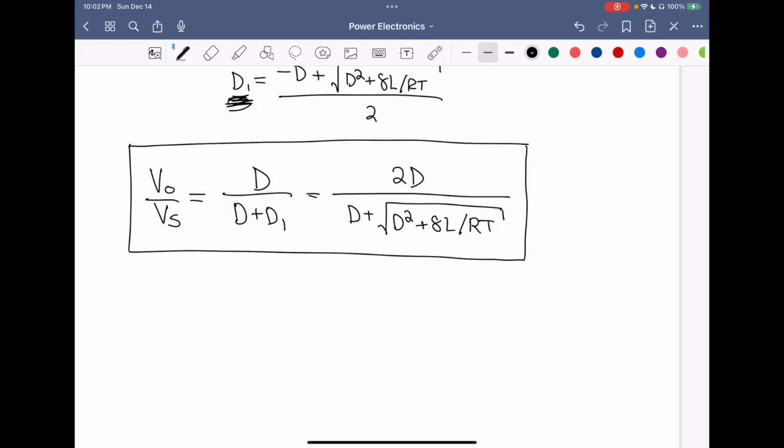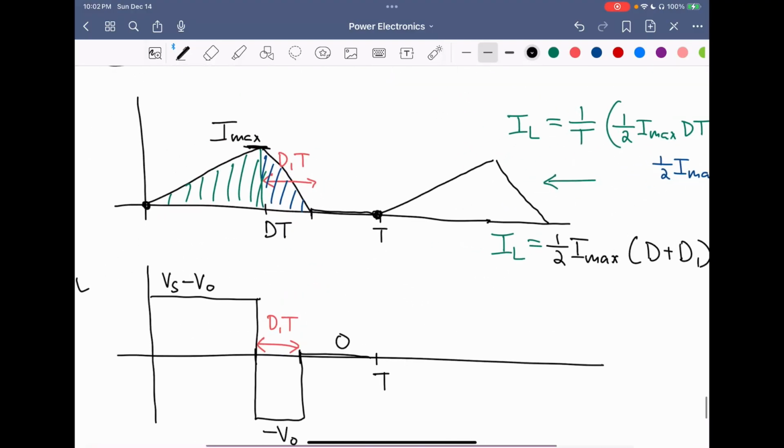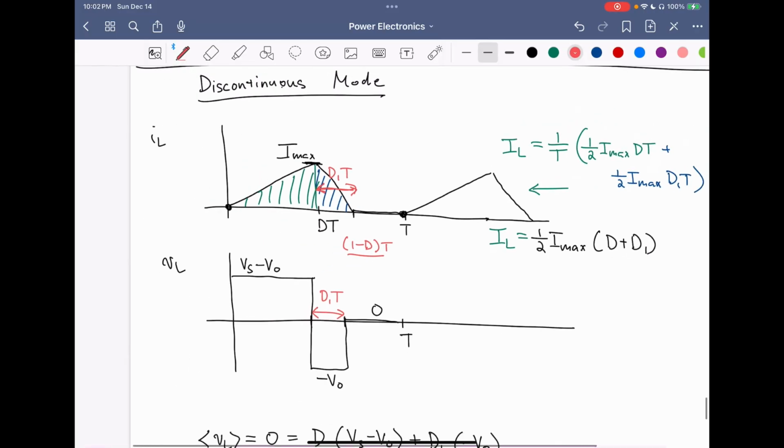One thing to note is that the boundary between continuous and discontinuous current happens for D1 equals 1 minus D, and we can see that in the waveform here. We want this D1 value to be less than 1 minus D. So this is a condition for discontinuous current.